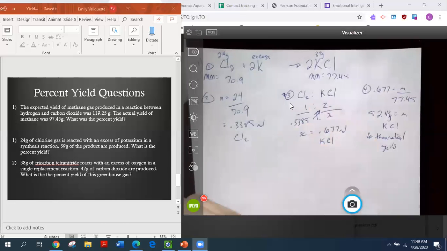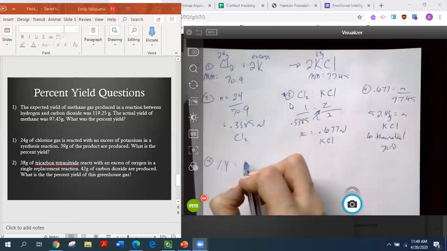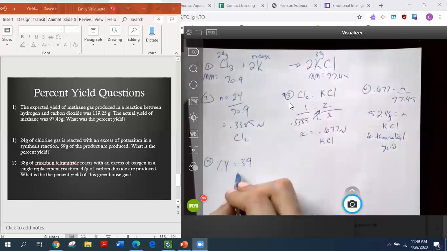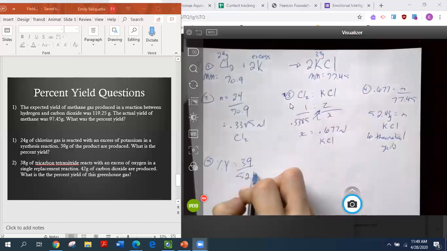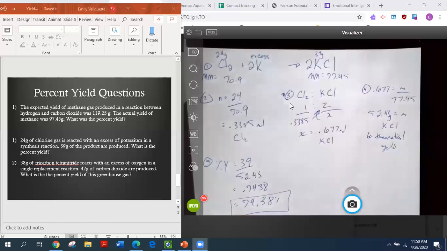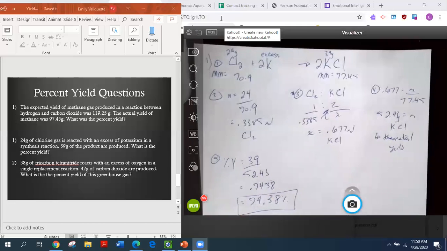So our last step then is just to find the percent yield by taking the actual yield, which is the 39 grams we were given, divide it by the 52.43 grams that we just solved, and you'll get 0.7438, which is 74.38%. Okay, now try the next one on your own if you followed along for this one.